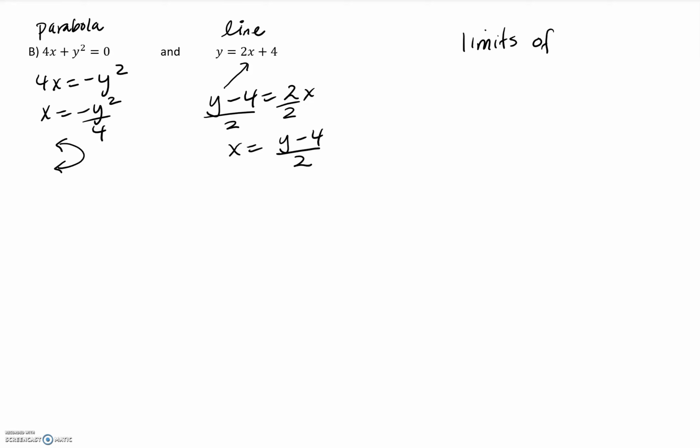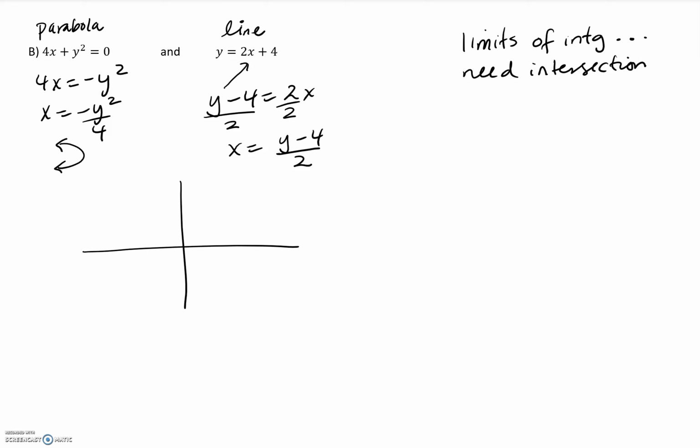Like we said, we're going to need the intersection point. So I'll get the intersection points and then get an idea of what the graph looks like, which I already know this one has a sideways parabola going on.